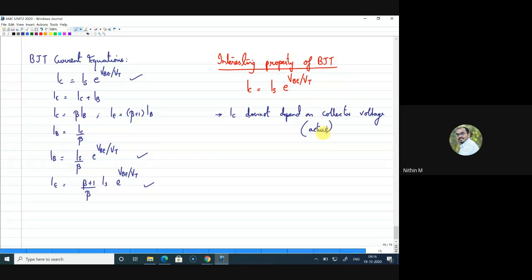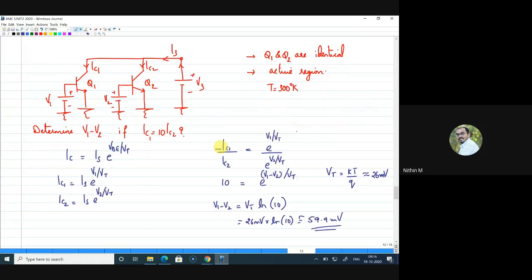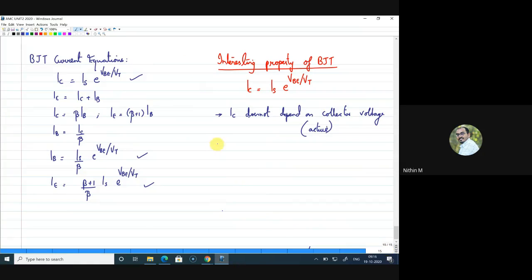When your device is in active region, collector current does not depend on collector voltage, but only on the base emitter voltage. Or I can say for a fixed VBE, for a fixed base to emitter voltage, the device is in fact drawing a very constant current.